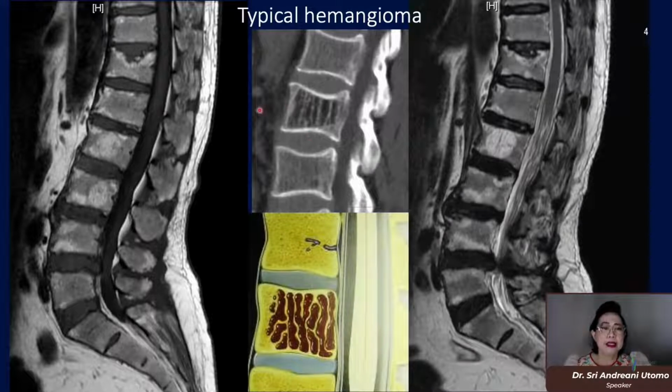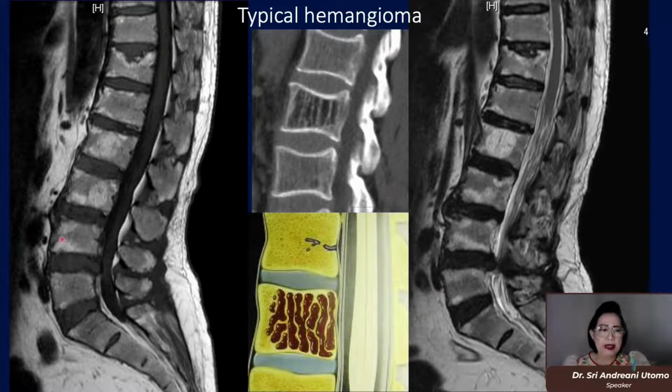Now you can see in typical vertebral hemangioma, this is T1 and T2, and what we see here is the CT scan sagittal slice. So what we see here in T1 and T2, there is prominent vertical bony trabeculation with adjacent fat intensity that we can see in T1 and T2 showing hyperintense signal.